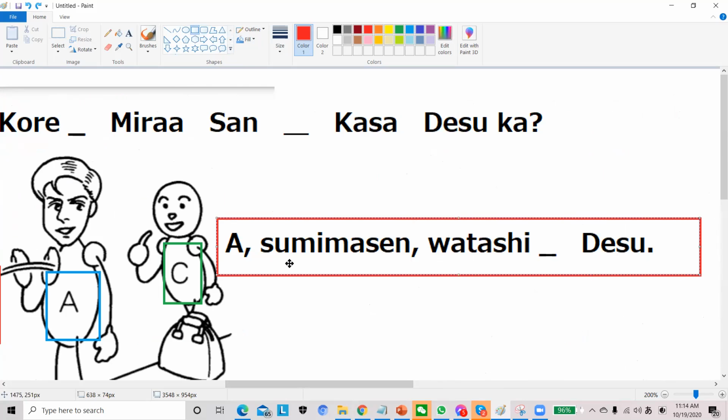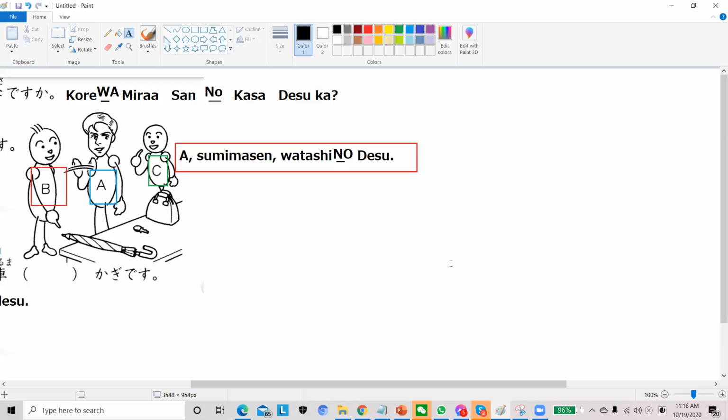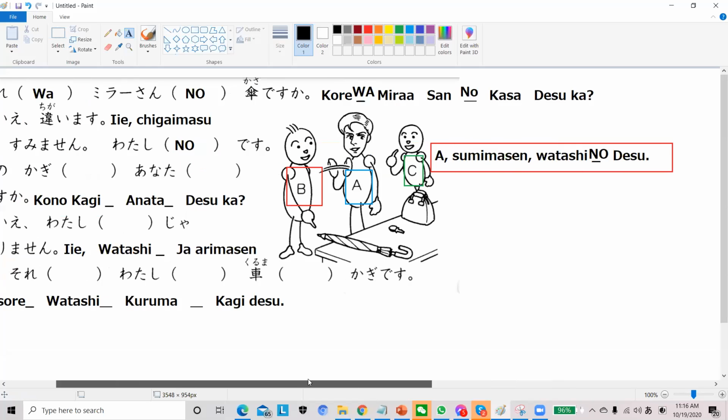Okay, how will you make the sentence? Sumimasen, watashi. Watashi.